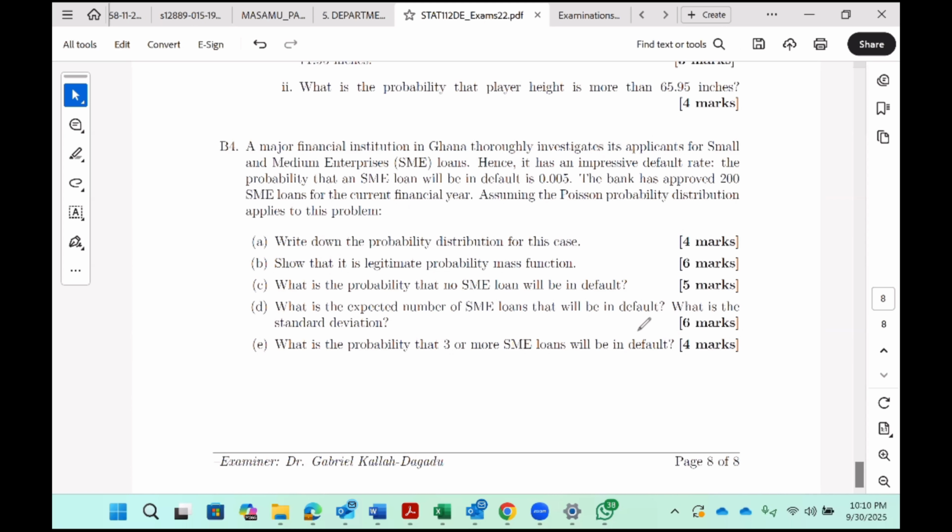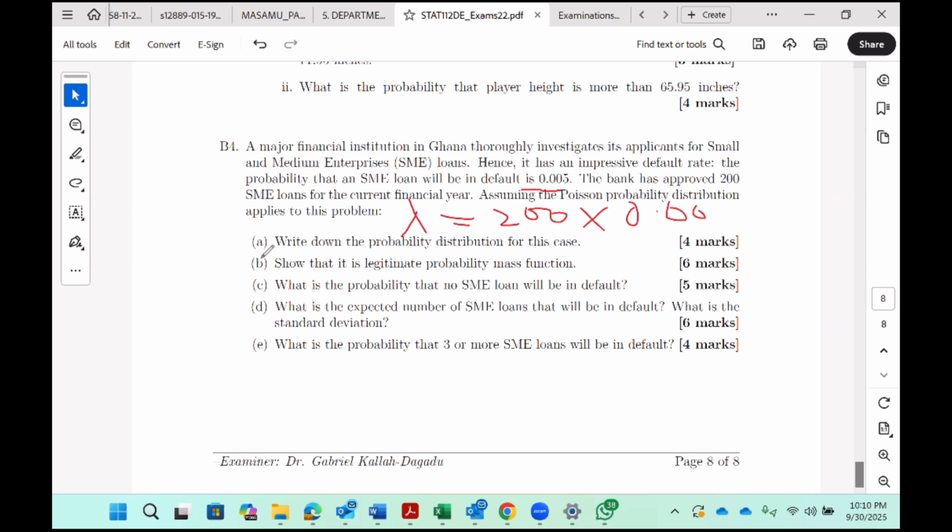So here, you are going to use your binomial approximation to Poisson to be able to write this. So here is the probability of default, 0.005, and the other component will be not default. So you are going to find the lambda, which equals 200 times 0.005.